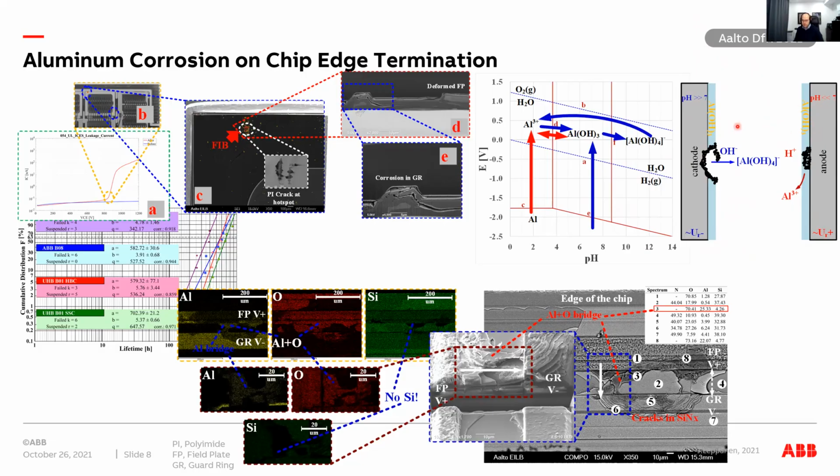But nevertheless, this aluminum hydroxide 3 can dissolve at this cathode side, meaning at this higher pH level, into aluminum hydroxide 4-, which is, according to literature, stable throughout the pH range, maybe because it takes longer time for it to react.